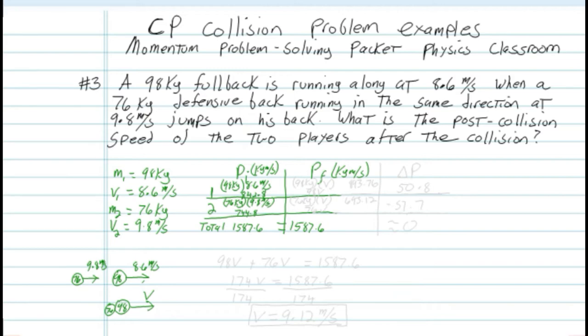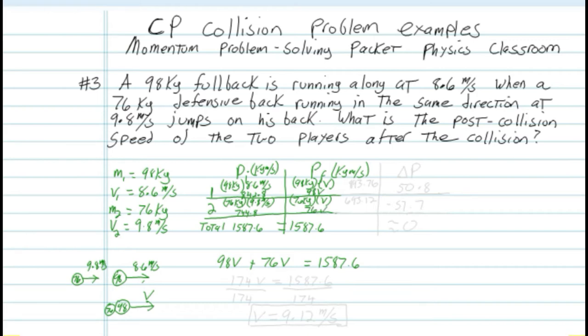So we have the 98 kilogram person moving at some unknown speed v, and we have the 76 kilogram person moving at the same unknown speed v. So if we look at this right-hand column, what we have is 98v plus 76v equals 1587.6, because this gave me 98v and this gave me 76v.